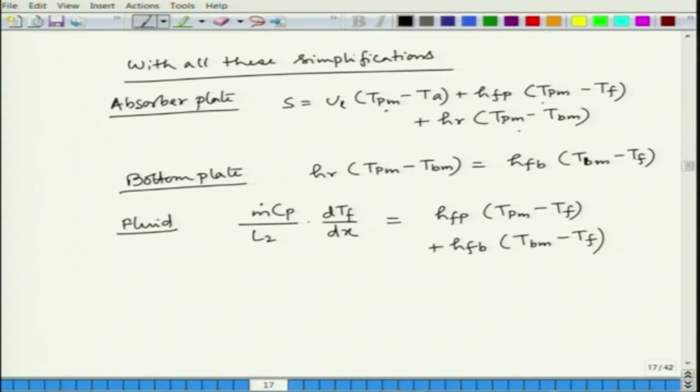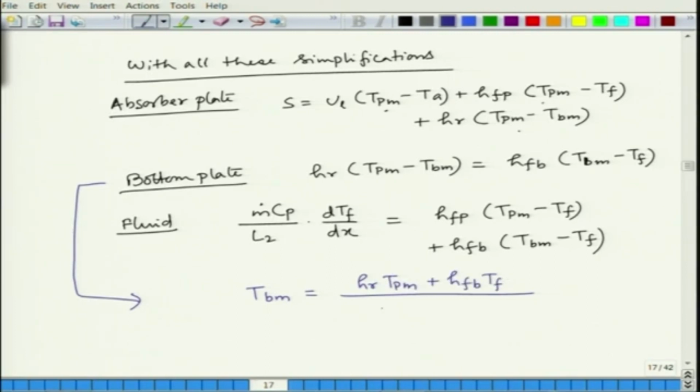Okay. Now, if we use this bottom plate heat balance equation, we can just find this TBM in terms of the other terms, (HR TPM plus HFB TF) divided by (HR plus HFB), right. We have done nothing. So, there are two TBMs here. So, we have clubbed them together and expressed TBM in terms of the other terms, that is what we did.